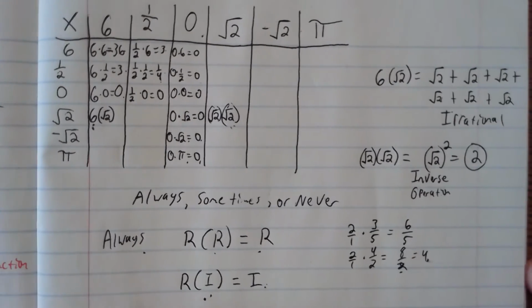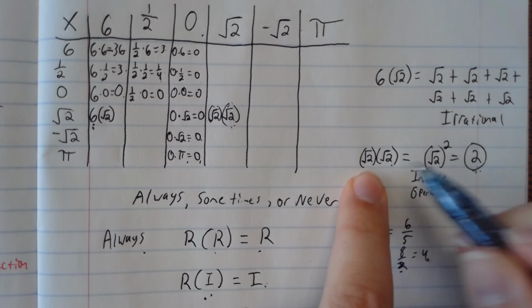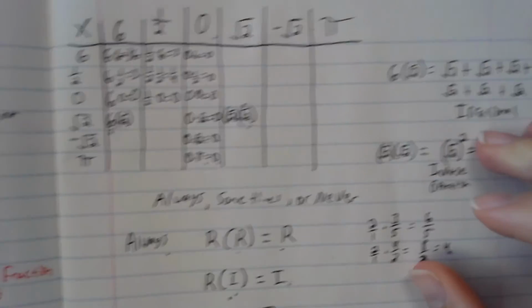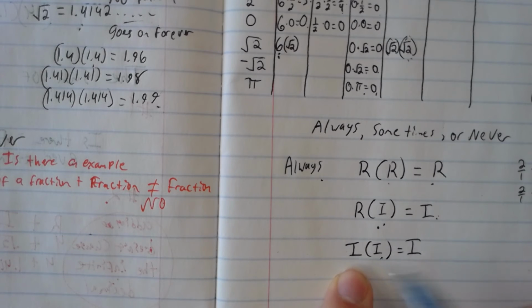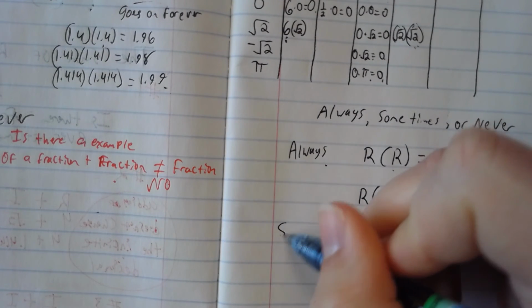And so it should, right? Because that's what it actually equals when we take the full square root of 2 times itself. And so this is a case where we have an irrational number times itself getting a rational result. And so that makes this case down here another sometimes.